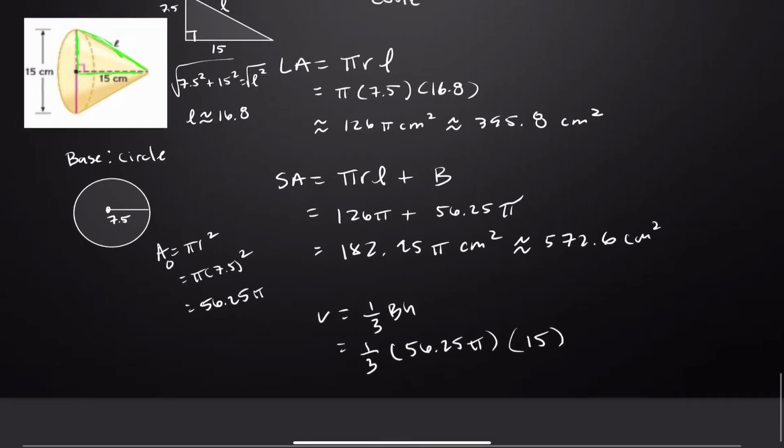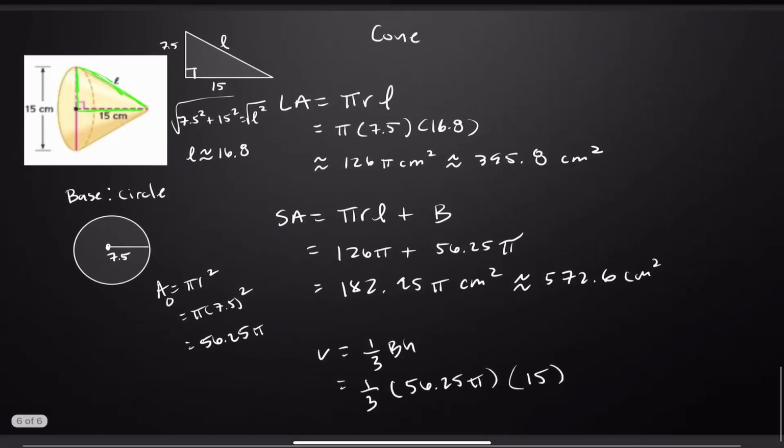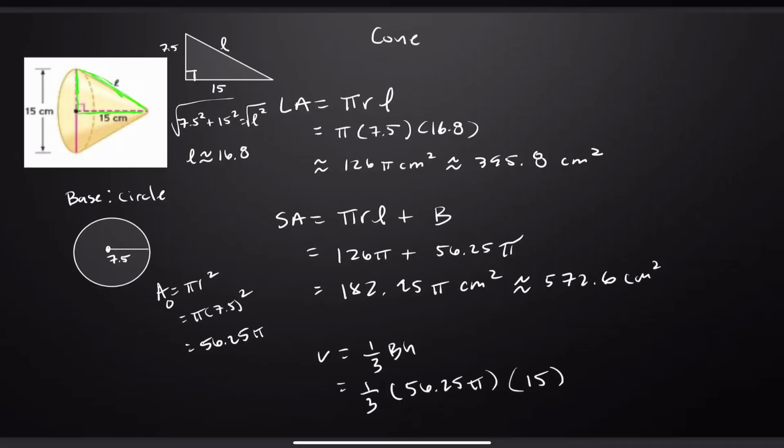Okay, so you're going to do 1 divided by 3, or you're going to put parentheses 1 divided by 3 multiplied by parentheses 56.25 pi. Nope, just kidding, don't put the pi in. Multiplied by the 15, and you should get 281.25 pi. And it doesn't look like an approximate answer, so I'm going to put equals there.